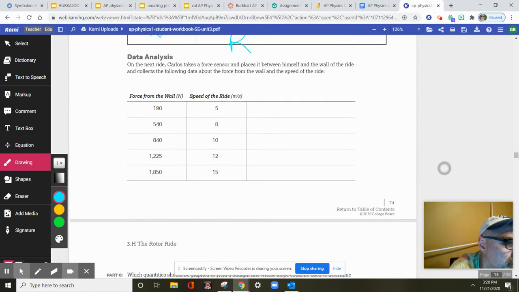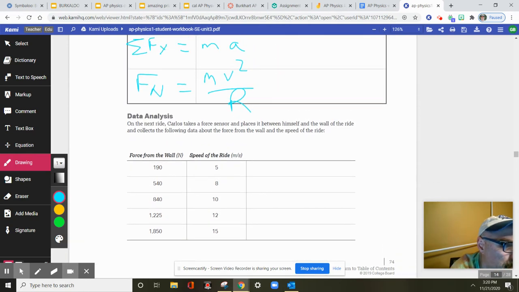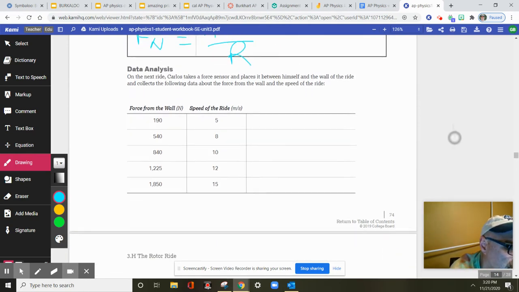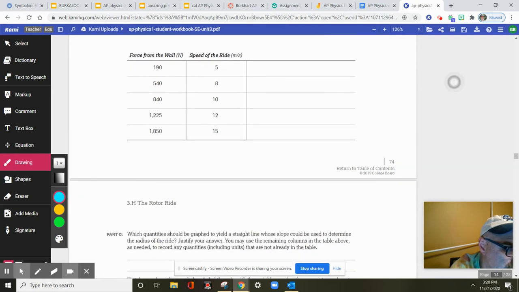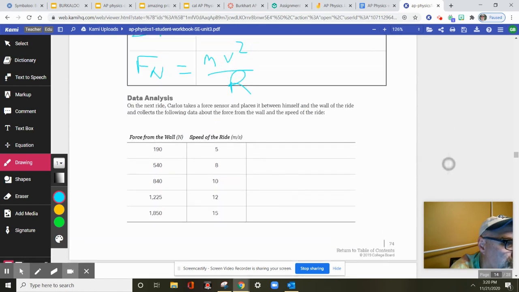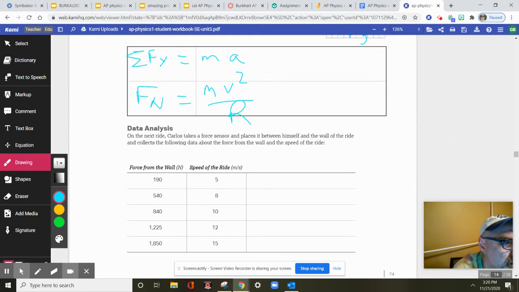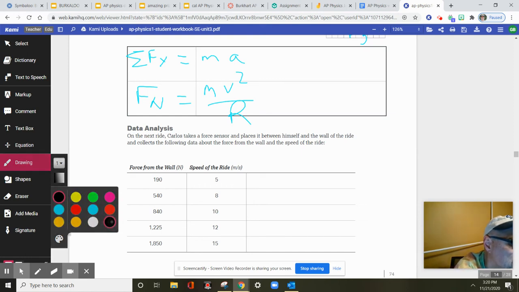All right, so we have this equation here, and we need to make a graph that gives us a straight line, a linear line. What quantity should be graphed to yield a straight line for the slope? If I rearrange this equation, I could say the normal force times r is equal to m v squared.